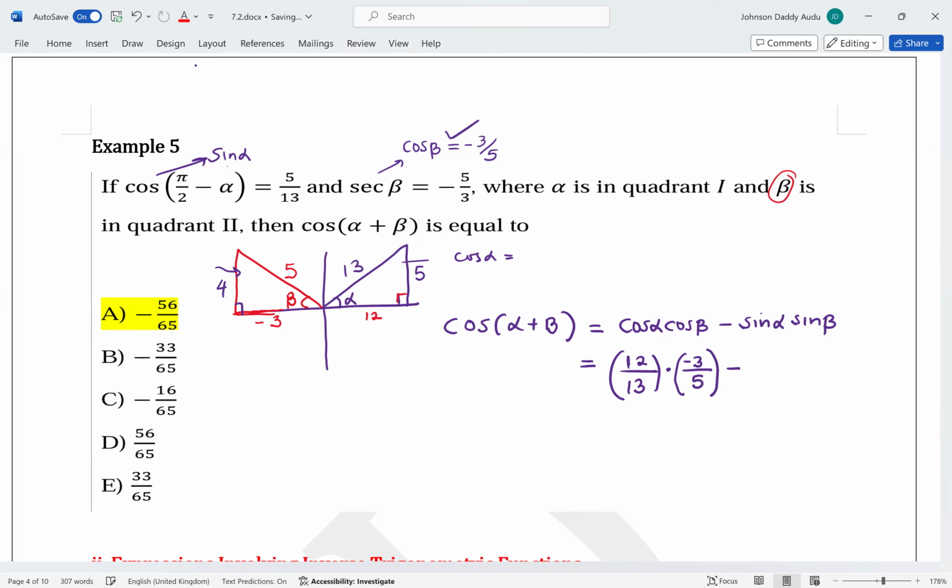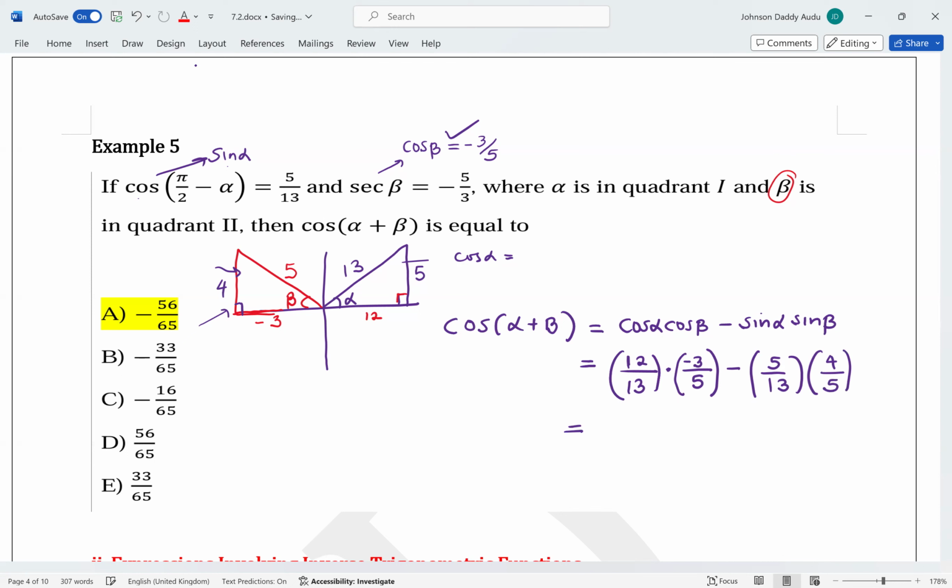Then minus sine alpha, which is already given. We know sine alpha from here because cosine of 90 minus alpha is given. So it means sine alpha is just 5/13. Then sine beta, for sine beta, you have to come to the second quadrant here. And sine beta is opposite, which is 4, over hypotenuse, which is 5.